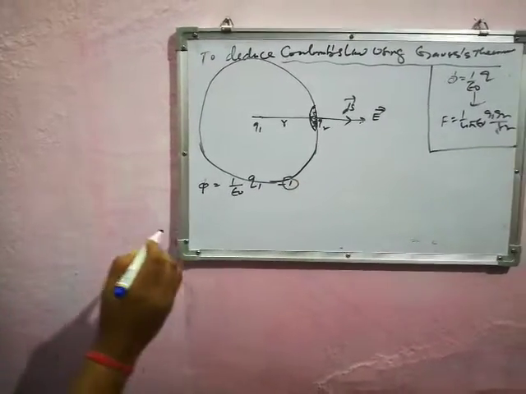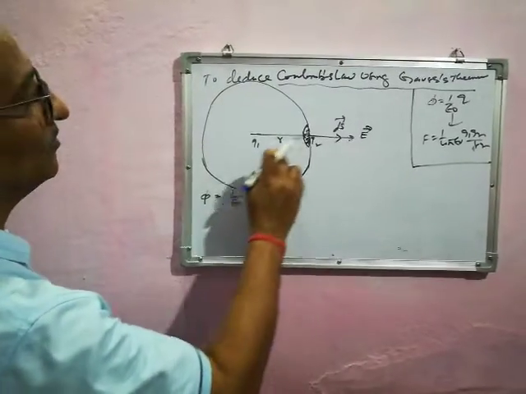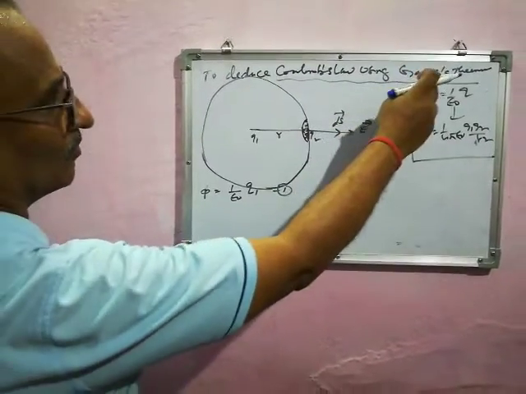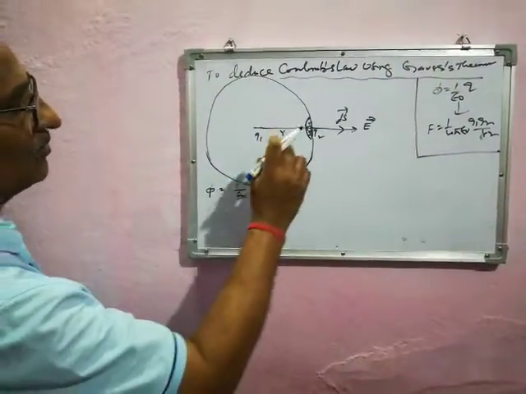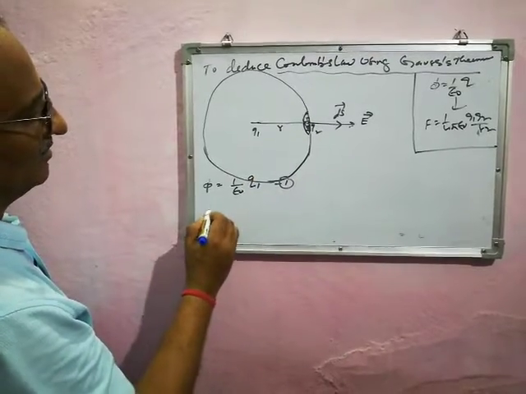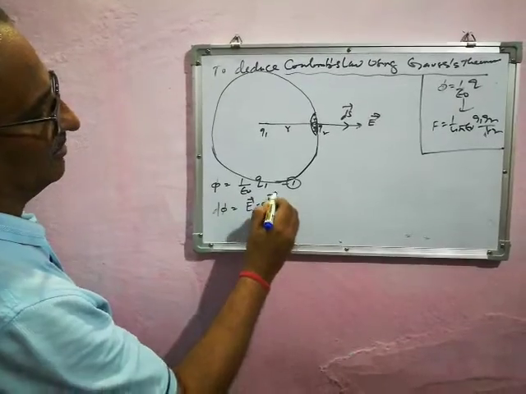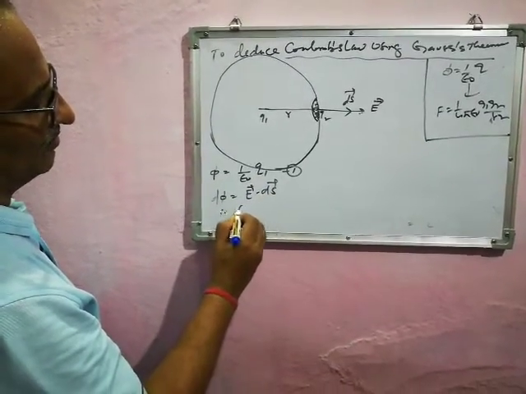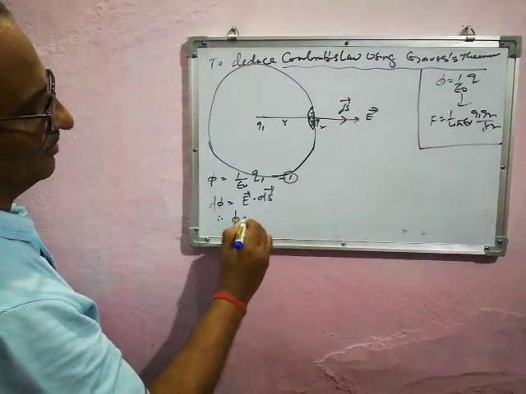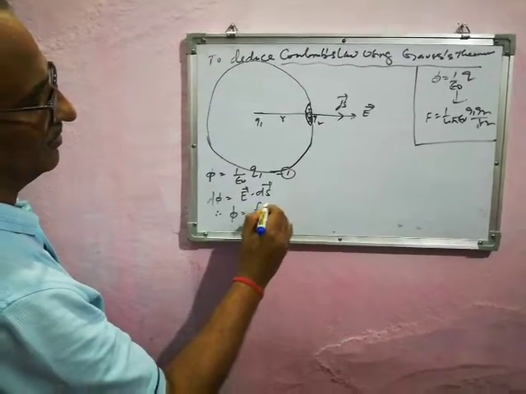But that is according to Gauss's theorem. Now according to the definition of electric flux, d phi is equal to E dot ds. Therefore the total flux will be equal to the integral of E dot ds.